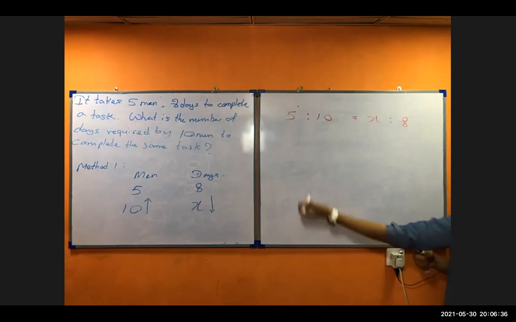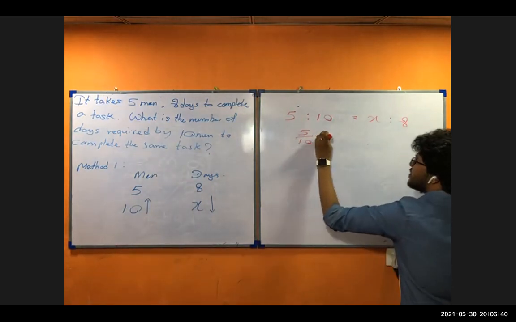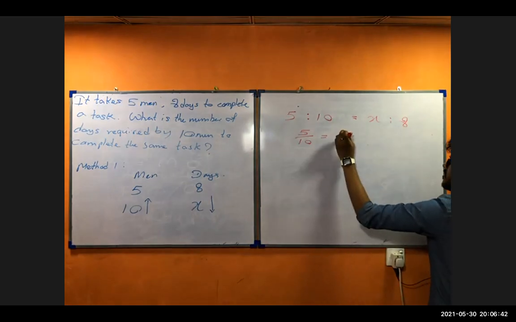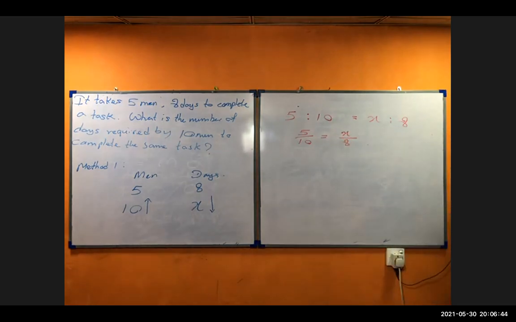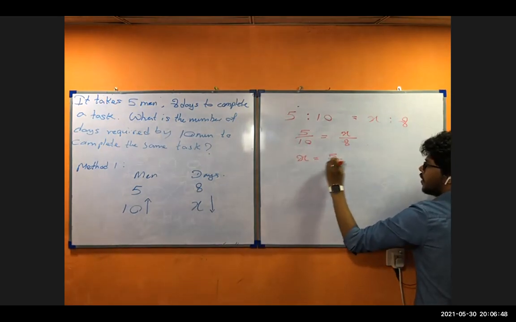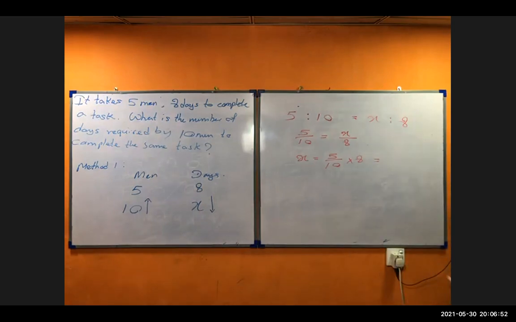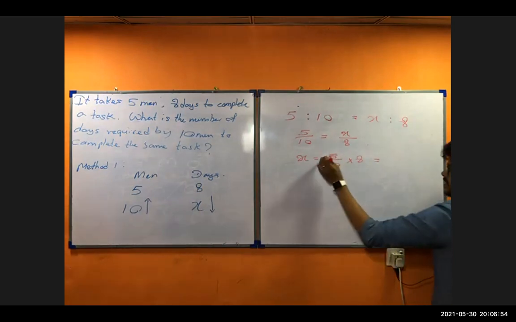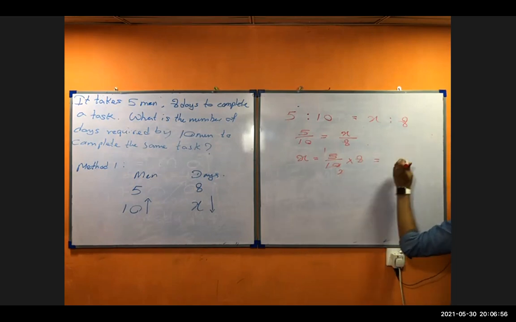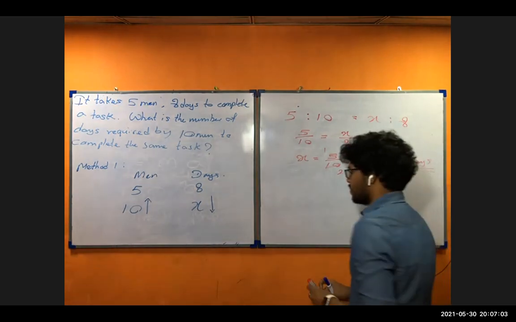Express this as a fraction: 5/10 is equal to X/8. Now do cross multiplication. X is equal to 5/10 multiplied by 8, which is 8 divided by 2, so 4 days. That is the first method.